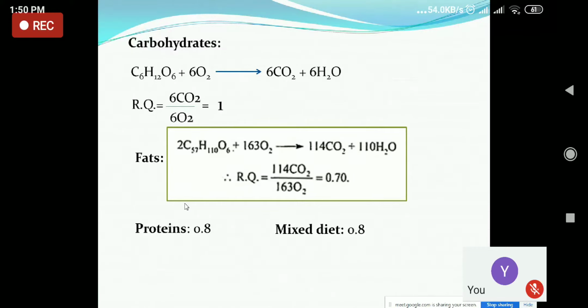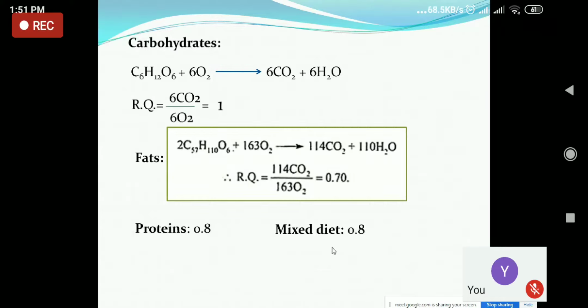So, by indirect measurement, they have found the respiratory quotient of protein to be around 0.8. And when you take a mixed diet composed of all the different things, carbohydrates, fats, and proteins, normally in a normal diet, the respiratory quotient is found to be 0.8.